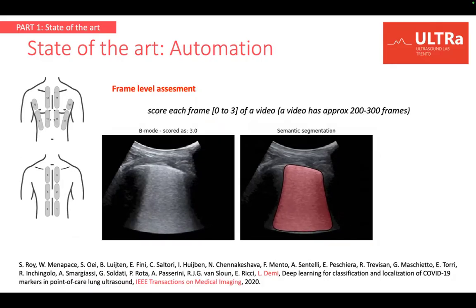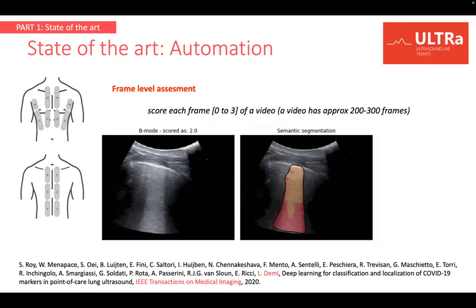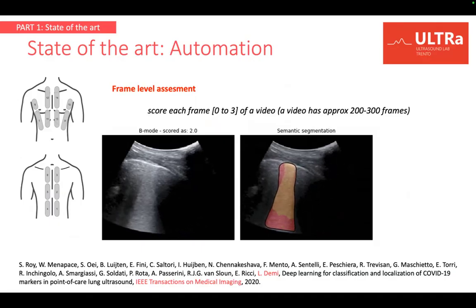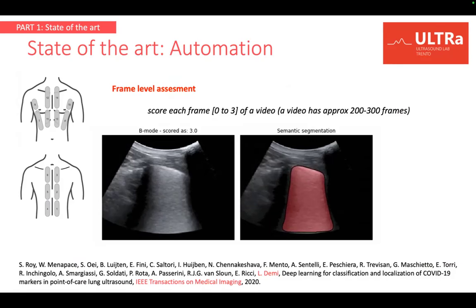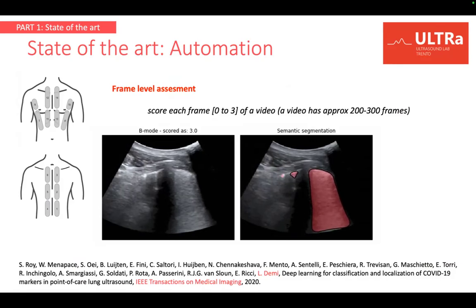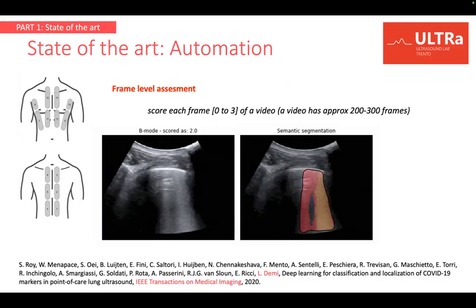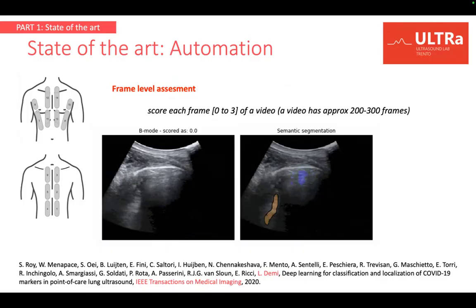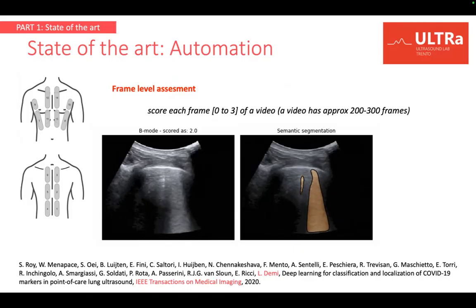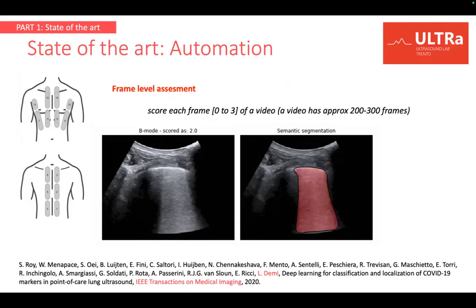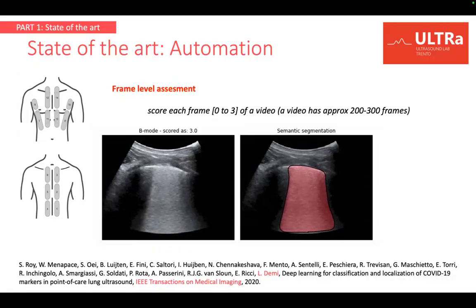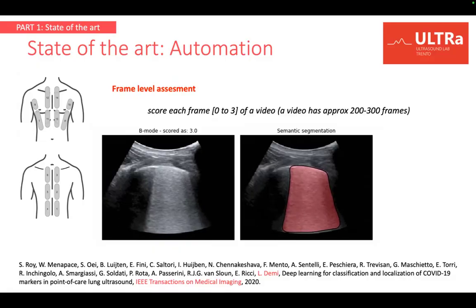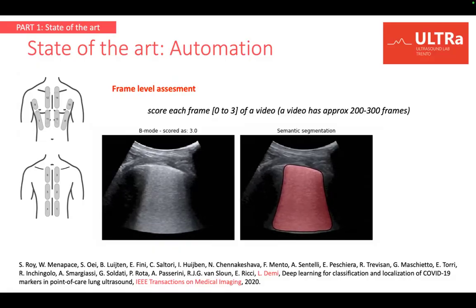If you have such a standardized imaging acquisition protocol and analysis system, you can also automate it. So you see, for example, here an example of an algorithm we developed that is going to score automatically every frame in a video, also reporting with semantic segmentation, meaning there is an explanation performed by the algorithm that is going to highlight the most important part of the image that was needed for the algorithm assessment.